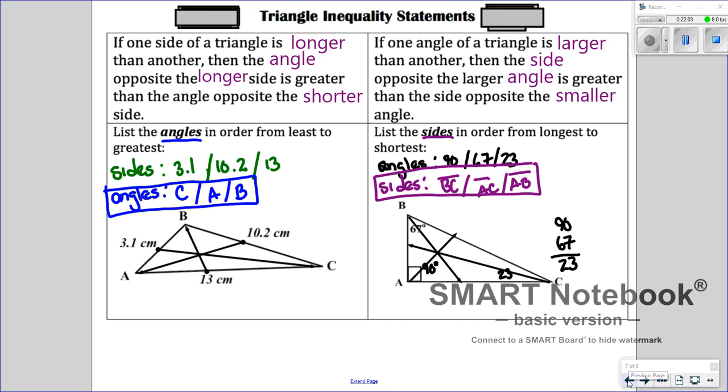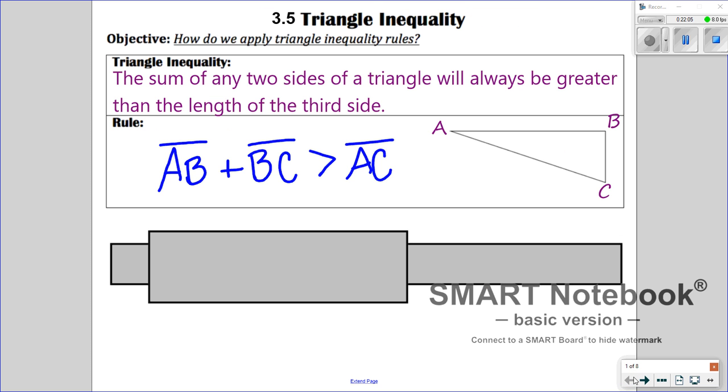Okay, so we've reached the end, and as a recap of triangle inequality, it states that the sum of any two sides of a triangle will always be greater than the length of the third side. So it's the two shorter sides that you add up, and the sum has to be greater than the third side.